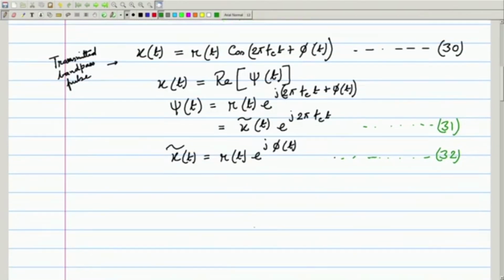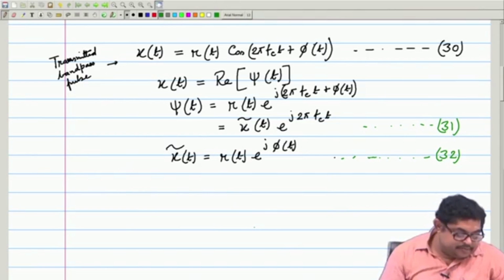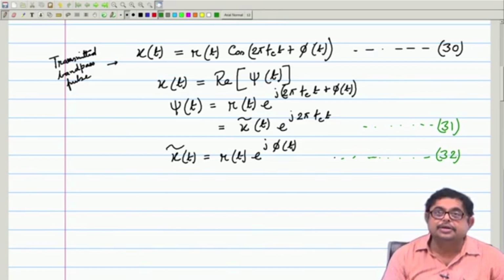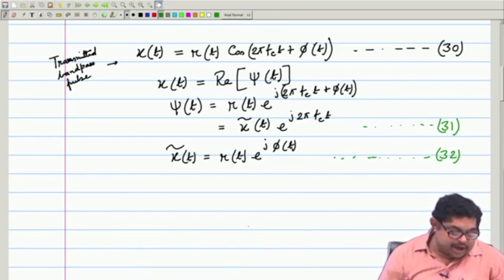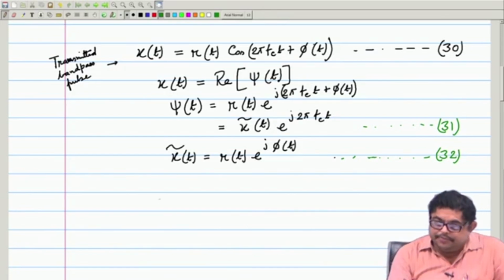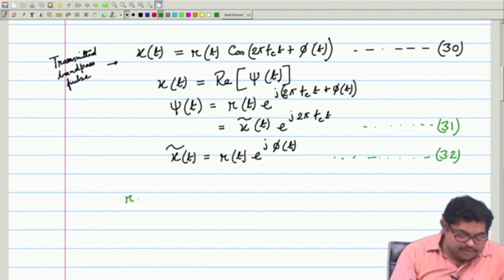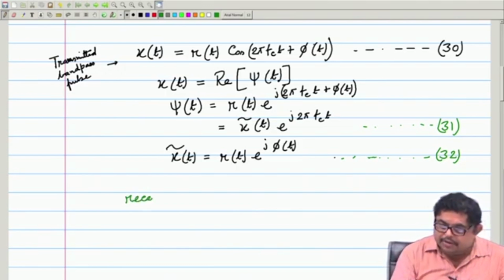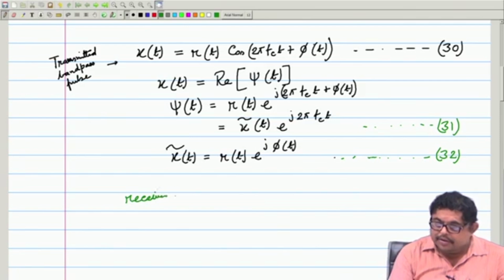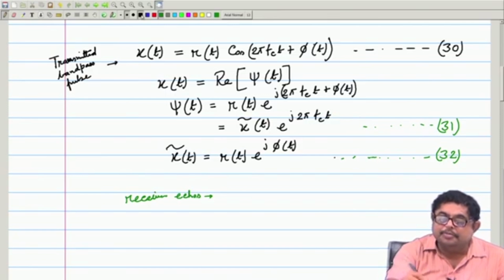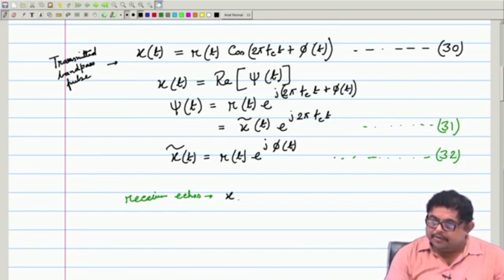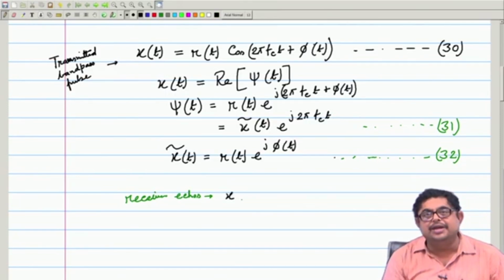Now, this is what the radar is transmitting, and again see that there are two closely separated targets, and in response to this x(t), they are the received echoes. Previously, I was calling it x_i(t).